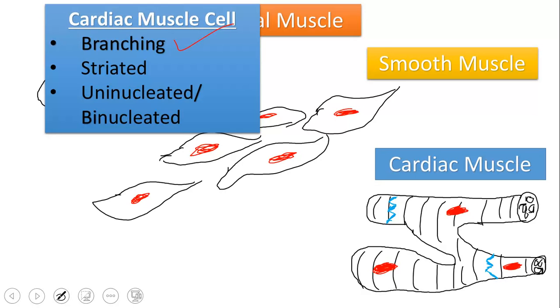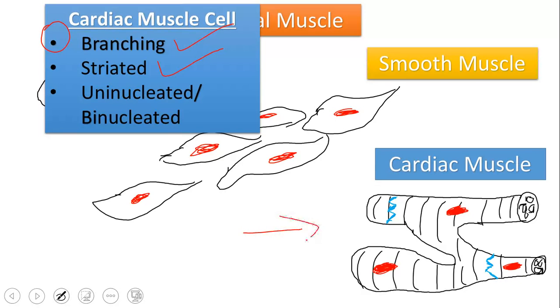They are striated, and they can be either uninucleated or binucleated. When we say uninucleated, we mean that they have one nucleus in one cell. When we say binucleated, we mean that they have two nuclei in one cell. When we say that they are branching, they appear branching like trees.